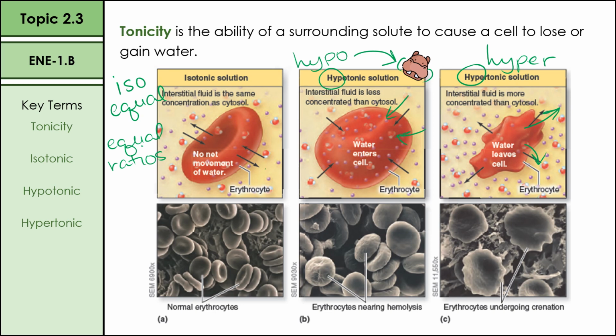So really, this is the level where we want to be over here in our isotonic solution rather than in either our hypo or hyper solutions, because they cause our cells to not necessarily look the greatest. And we get the greatest effect here coming from our animal cells because they don't have a cell wall. They don't have something keeping their structure set in one specific shape.